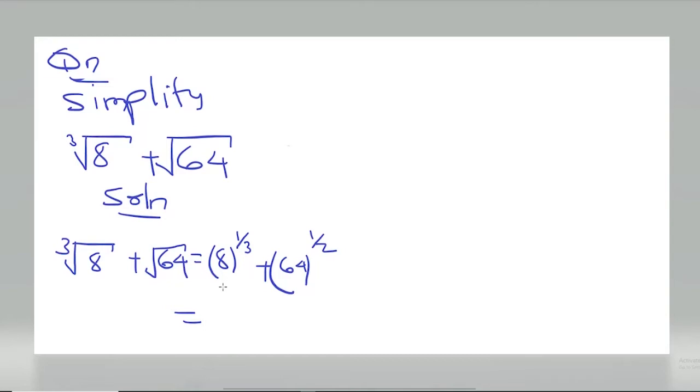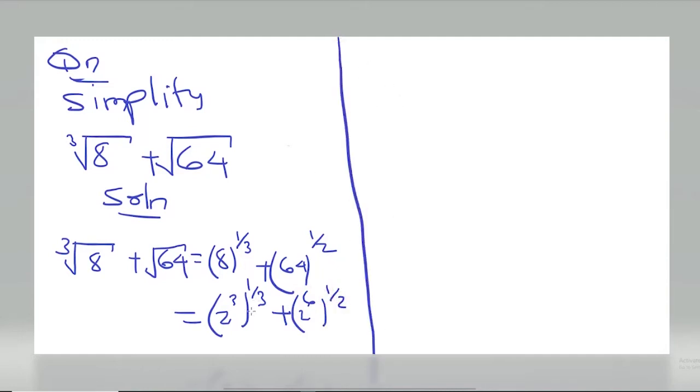Now, the factors of 8 are 2 times 2 times 2, which is 2 power 3, then power 1 over 3, plus the factors of 64, which is 2 power 6, power half. Then I'll have 2 power 3 times 1 over 3, plus 2 power 6 times a half.